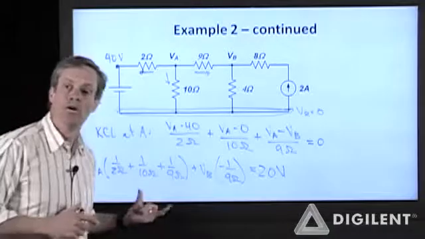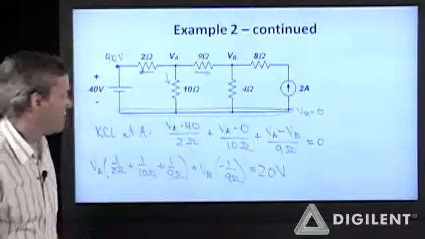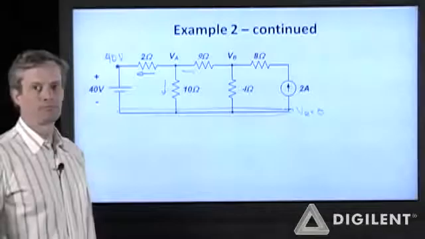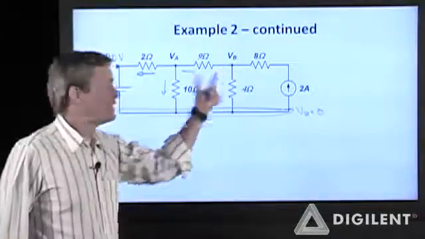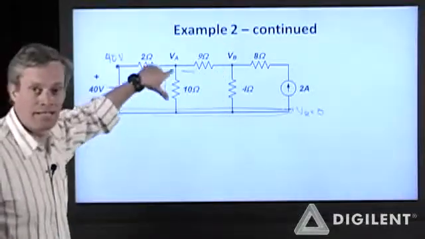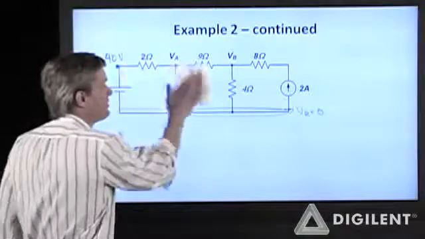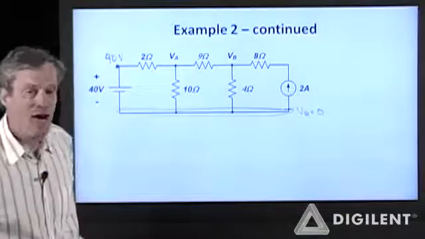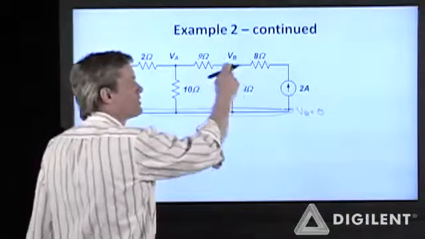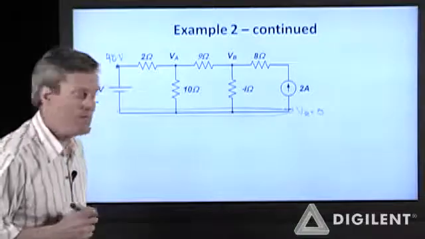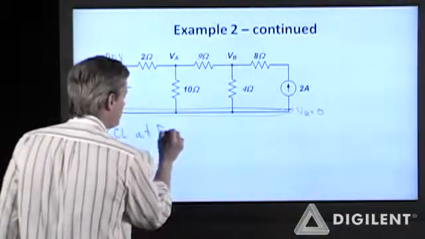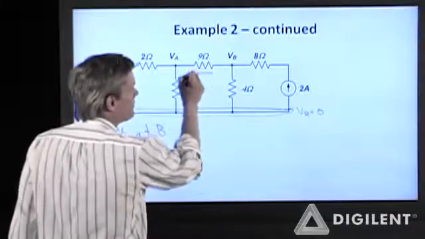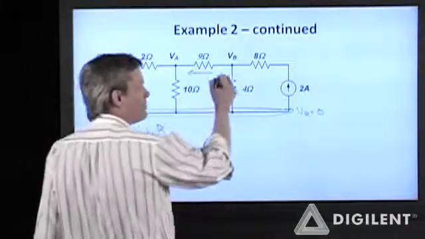Now let me do the equation for node B. When I write my equation for node B, I'm going to forget that I had originally assigned some current directions at node A, and now I'm going to assume that all of the currents are leaving node B. So if I apply KCL at B, my current through the 9 ohm resistor is going to be assumed to be in that direction.